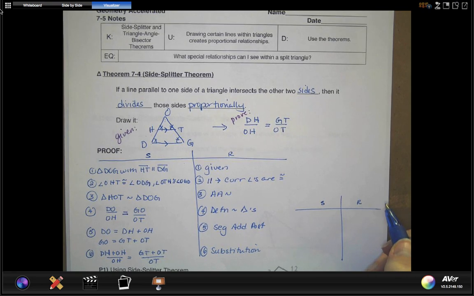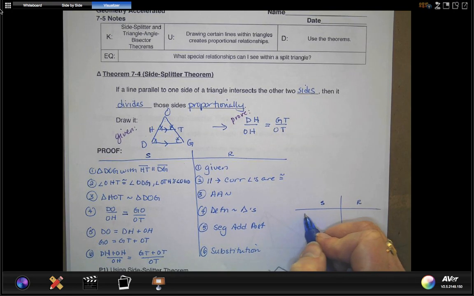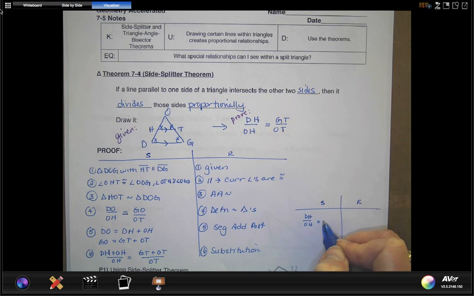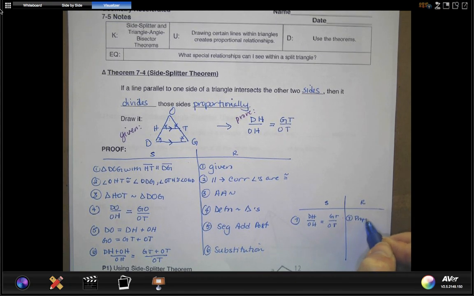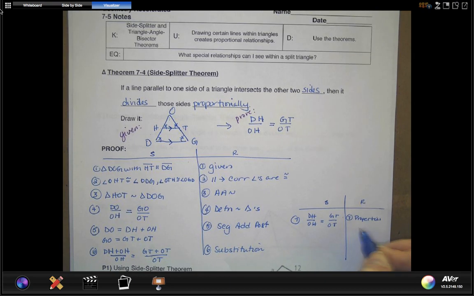But then, if you remember, we had one of those properties of proportions. So now I can just say that DH over OH is equal to GT over OT. This is properties, from section 1 of proportions. This was actually number 3.